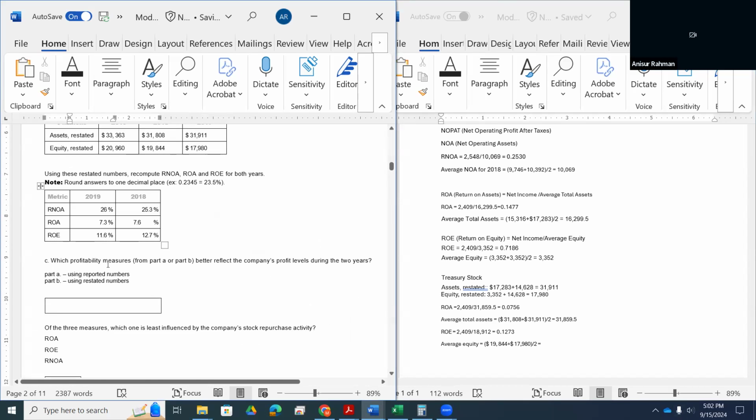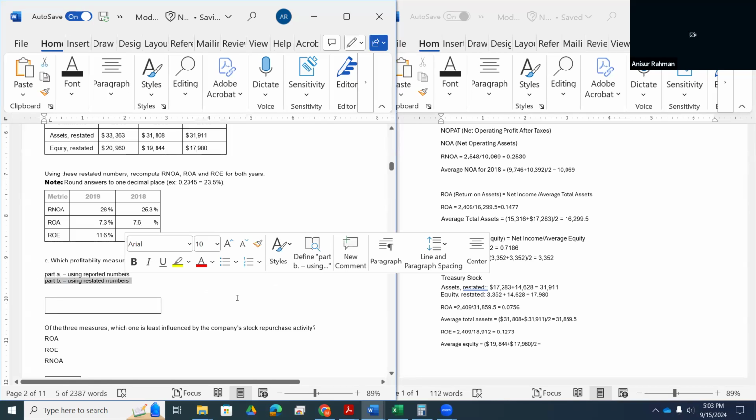Part C, which profitability measures from Part A or Part B better reflect the company's profit levels during the 2 years? Part A, using reported numbers. Part B, using restated numbers. So we have adjusted our equity with treasury stock. The reason is sometimes treasury stock is significant and it actually decreases the shareholders' equity significantly.